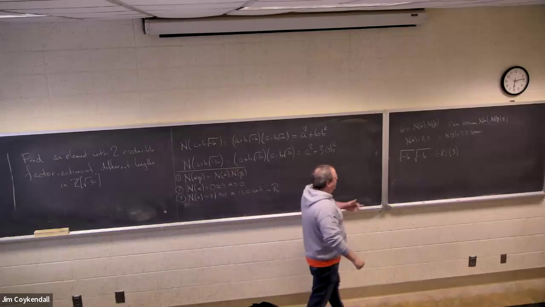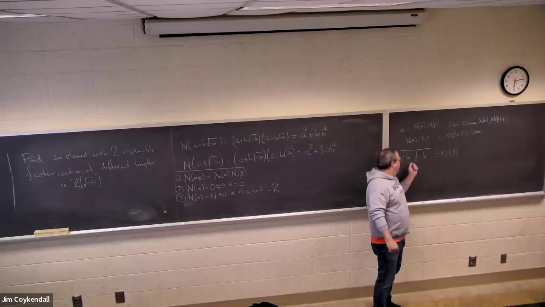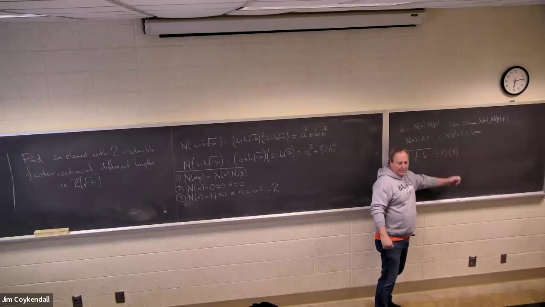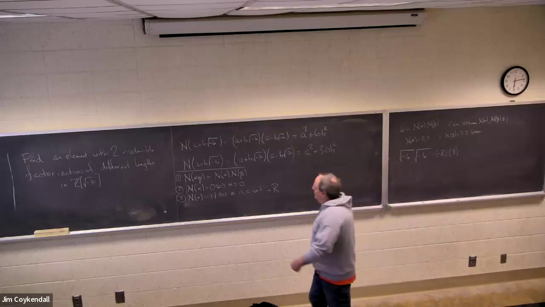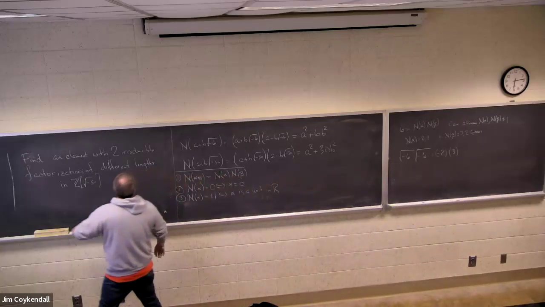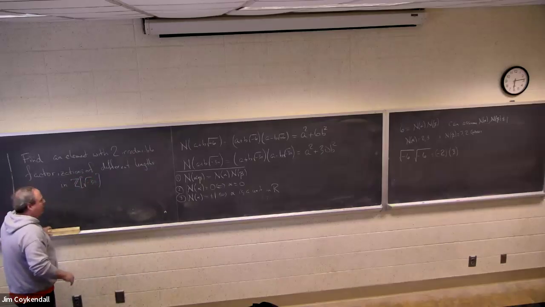Notice I have non-unique factorization here, but the length of the irreducible factorizations is the same. We're actually going to find some examples here. And let me spoil the surprise for you.